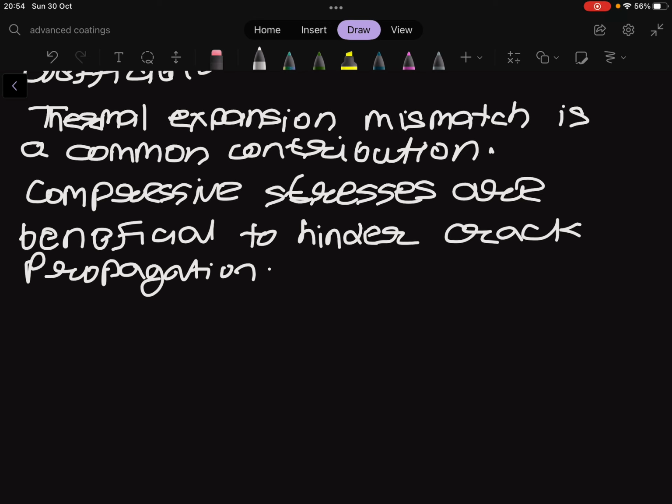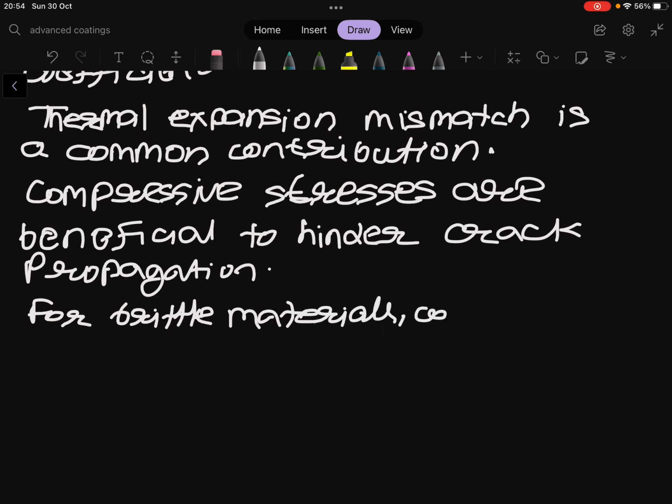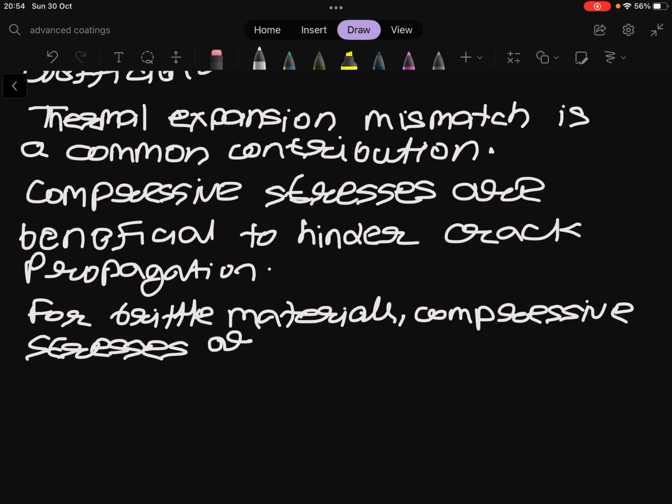So for brittle materials, compressive stresses are highly desirable.